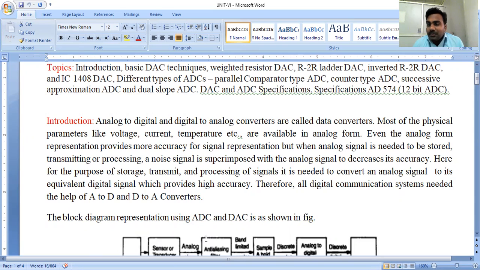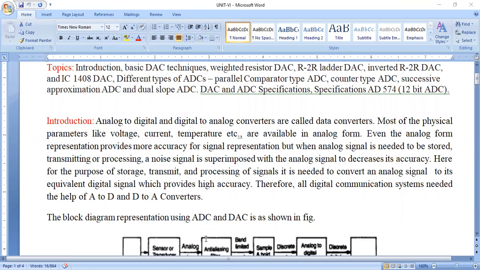The main purpose of data converters is to convert the physical nature or analog nature of a quantity into a digital quantity by eliminating the noise, by processing it in a particular manner to improve the accuracy and precision of the signal. That means before the analog signal is converted into a digital signal, it has to be smoothened properly, and the signal nature has to be improved.